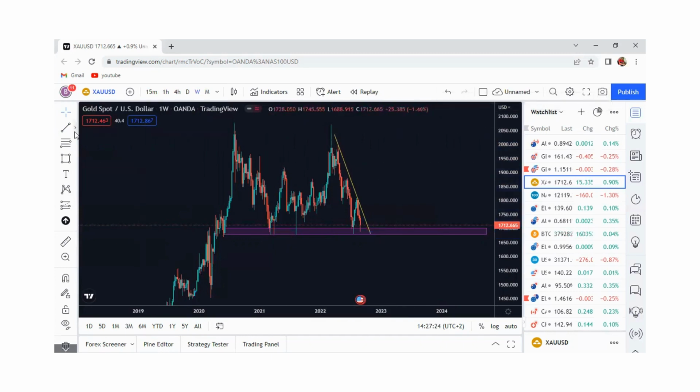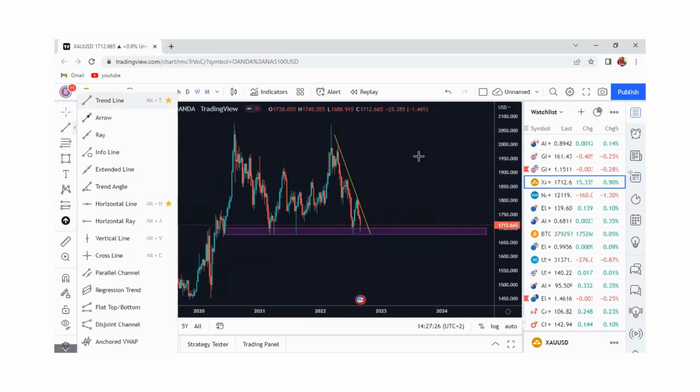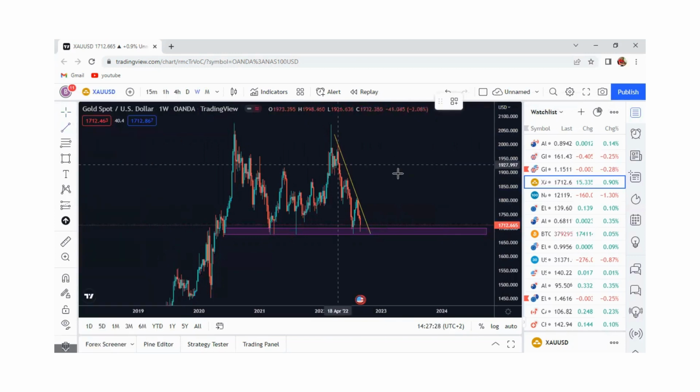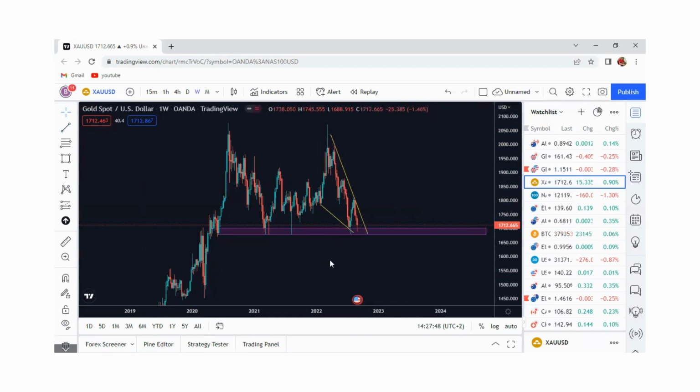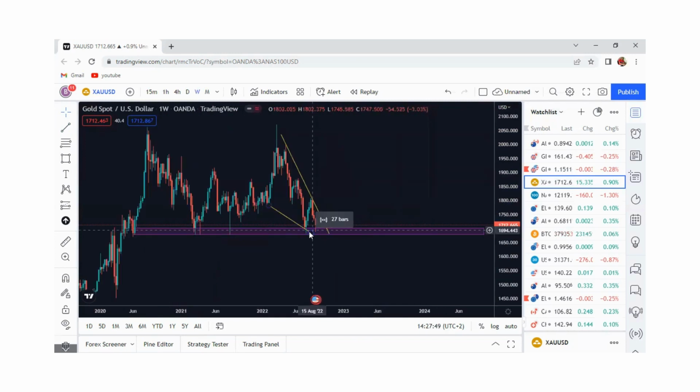It has been selling for long now on gold. It has been selling for now, but the way I'm seeing it, it moves in a continuation pattern. So it moves in a continuation pattern, the way I see it, but we'll just go down to. Let me just zoom it for a bit so you can see how I put my lines.